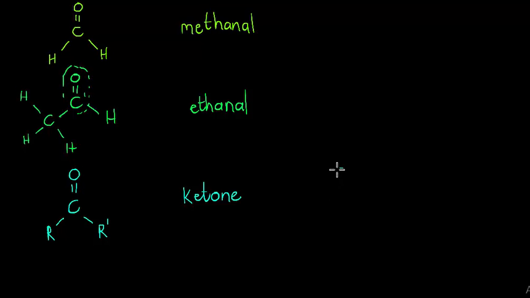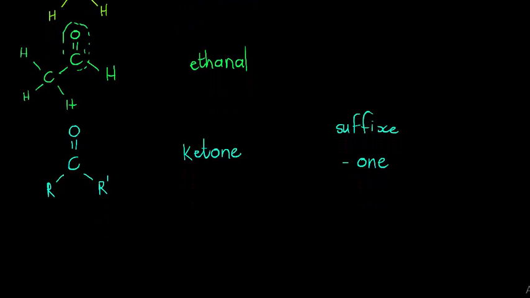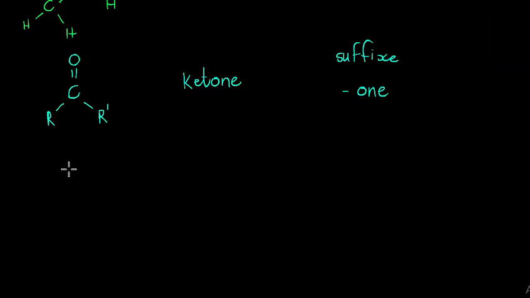Okay, and for this we add the suffix O-N-E. Okay, one. So if we look at an example, the simplest ketone is obviously where I have my carbonyl group there, and then obviously on both sides I can't have a hydrogen on either side, because the moment I have a hydrogen bonded to my carbonyl carbon, then it's an aldehyde.